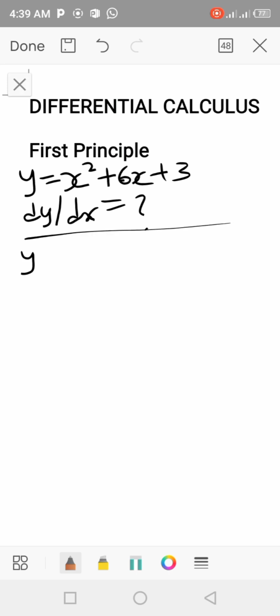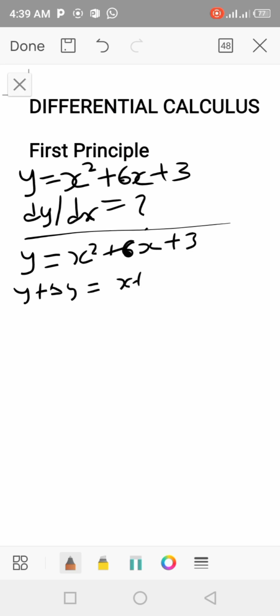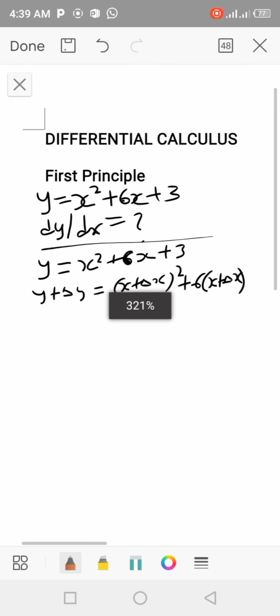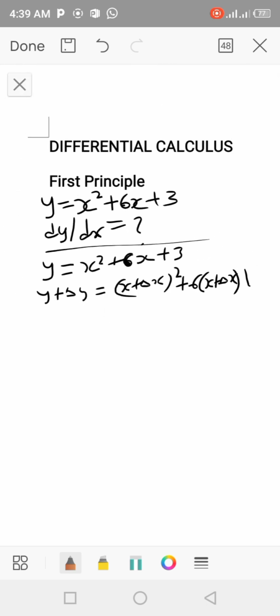So y is equal to x squared plus 6x plus 3. So y plus changing y is equal to x plus changing x raised to power 2 plus 6 into x plus changing x, then plus 3.